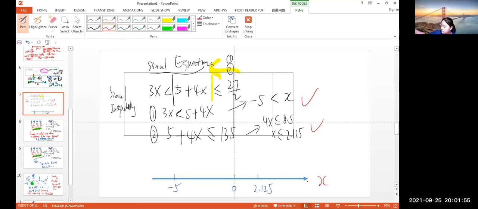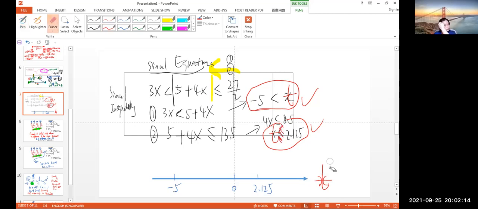This is your x-axis, because we are talking about x. If this is t, we need to change it to t.